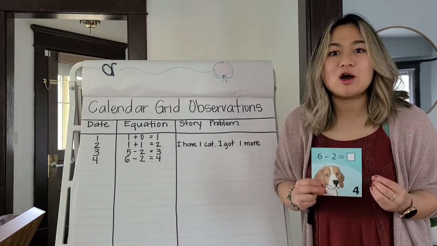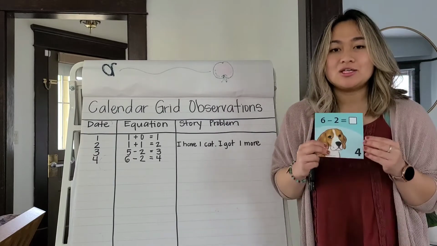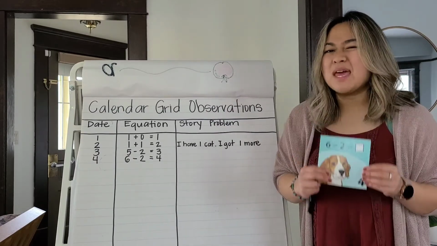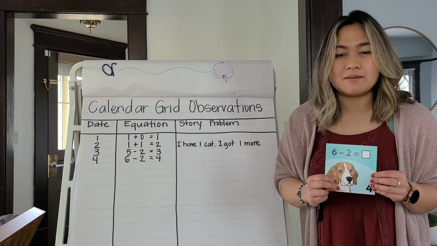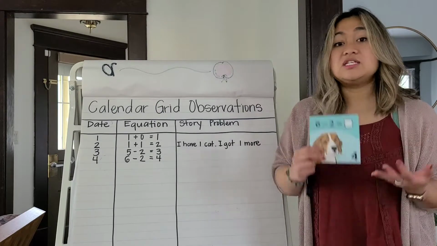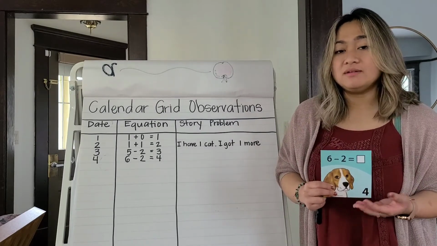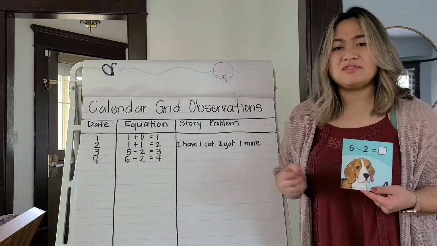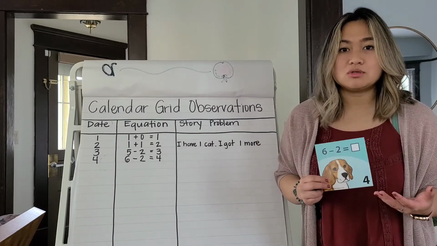So that is your job today. Your number corner job is to make up a story problem that matches this equation. Send it to me, and then I'll tell you if yours matches or not. I think your moms and dads can help you, so I'm pretty sure it'll match.